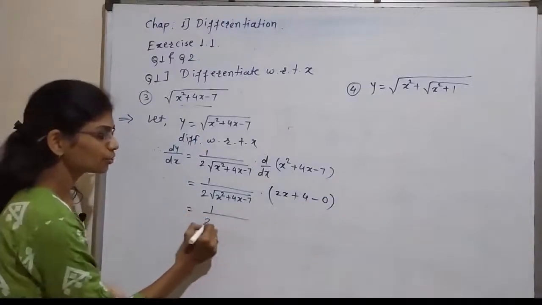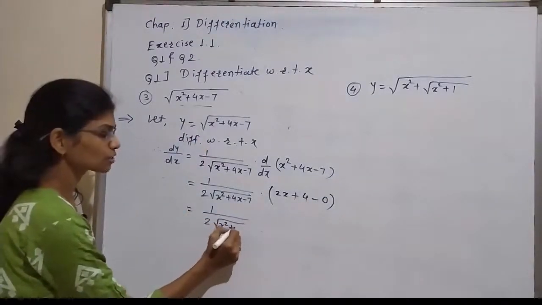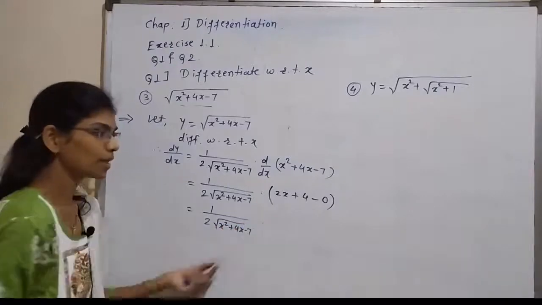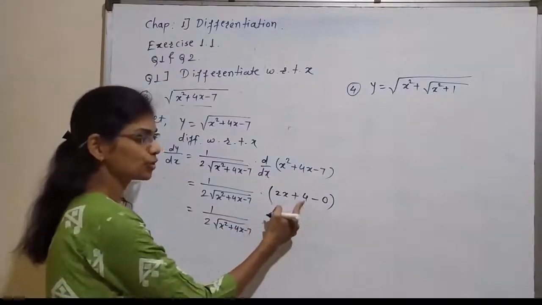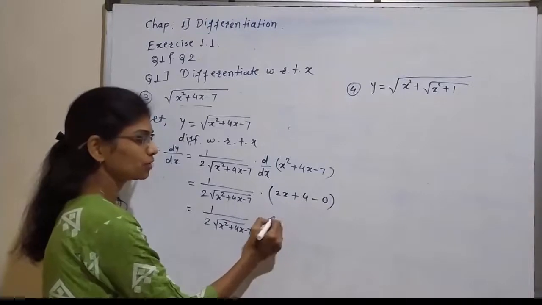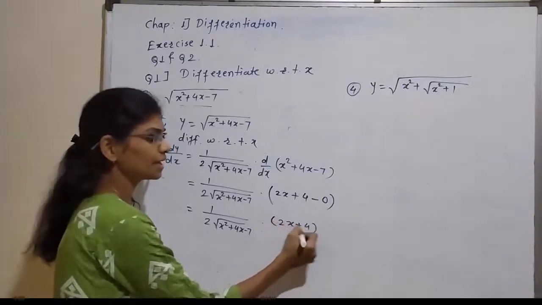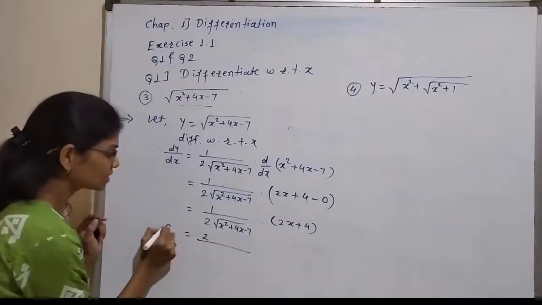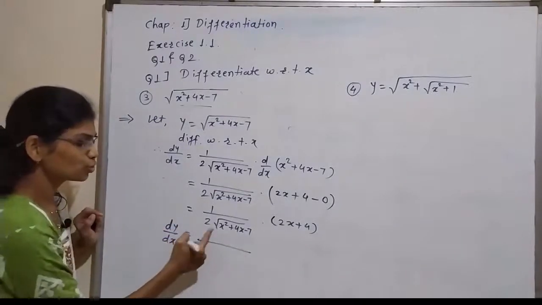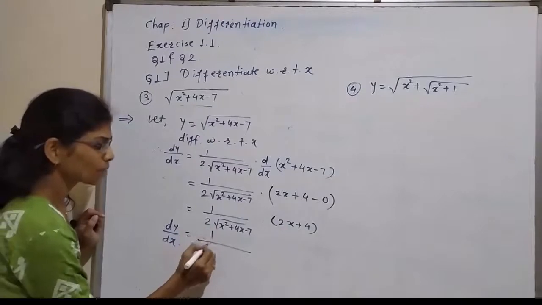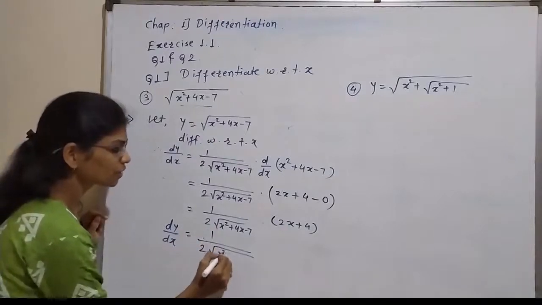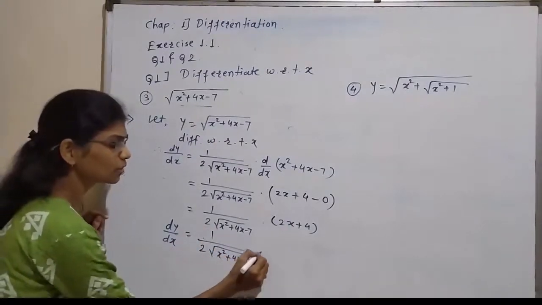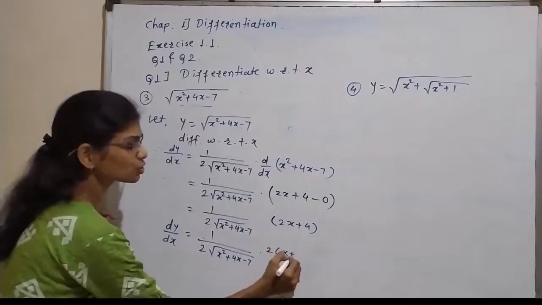Now 1 divided by 2 into square root of x square plus 4x minus 7, multiplied by that bracket, which is 2x plus 4 only. From these two terms we can take 2 common. Therefore, at the next step dy by dx is equal to 1 divided by 2 into square root of x square plus 4x minus 7, multiplied by 2 in bracket x plus 2.